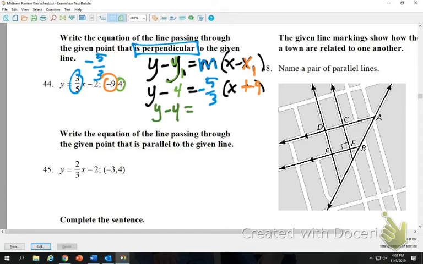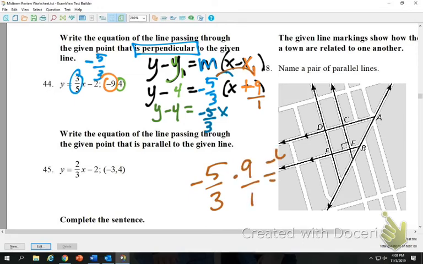The left will stay the same. The right you will distribute to the 9. Negative 5 over 3 times 9 over 1. Multiply straight across. You get negative 45 over 3, which reduces to negative 15.